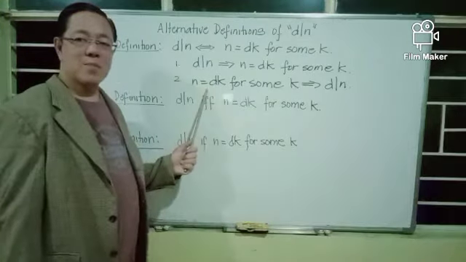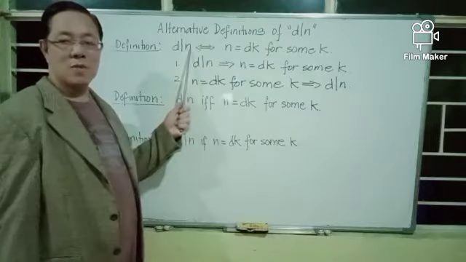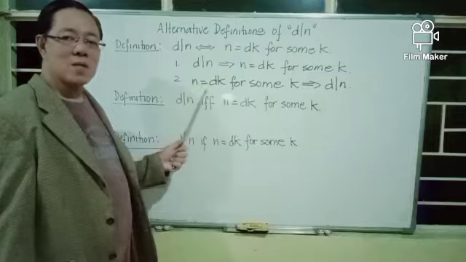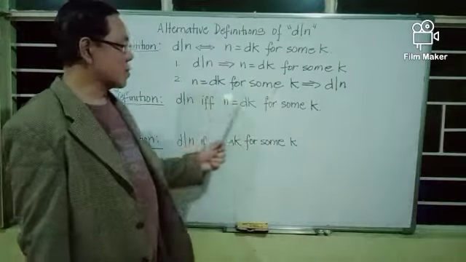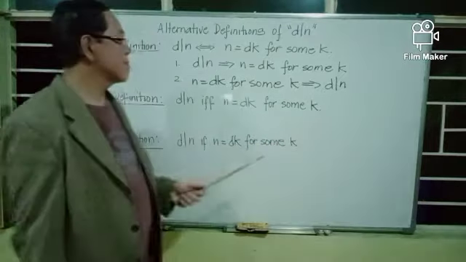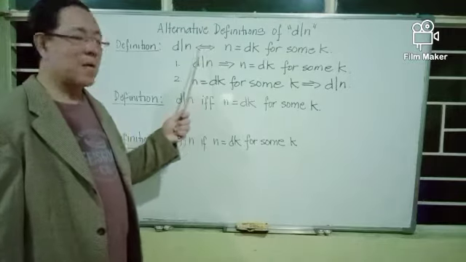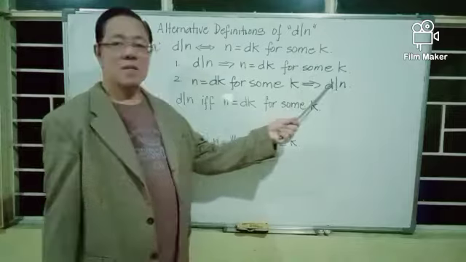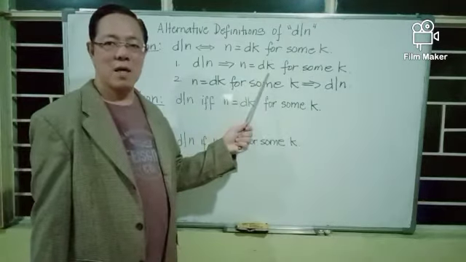The other statement equivalent to this definition is, if n equals b times k for some integer k, then this implies that b divides n. Again, this double implication is equivalent to two statements. The first, b divides n implies that there exists some integer k such that n equals b multiplied by k.